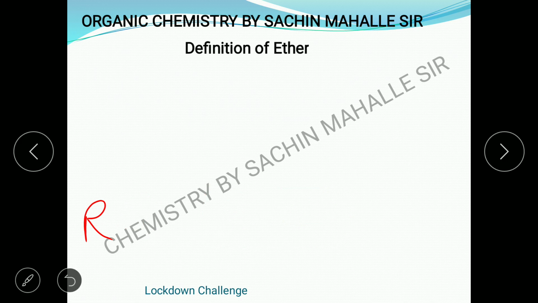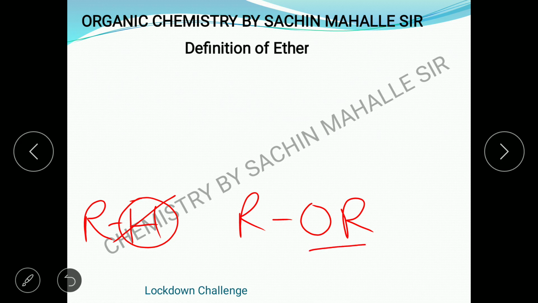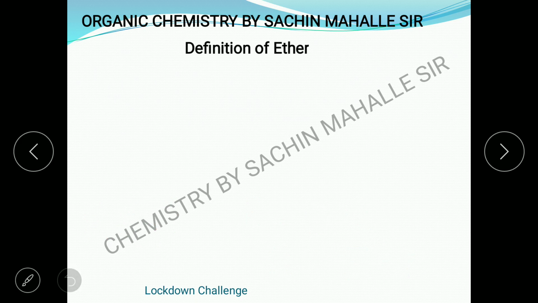Similarly in ether, in hydrocarbon, hydrogen is removed and we have to add OR, that is alkoxy group, or bond OAR, that is aryloxy group, attached to hydrocarbon by removal of hydrogen. It is a derivative of hydrocarbon obtained by the removal of hydrogen.